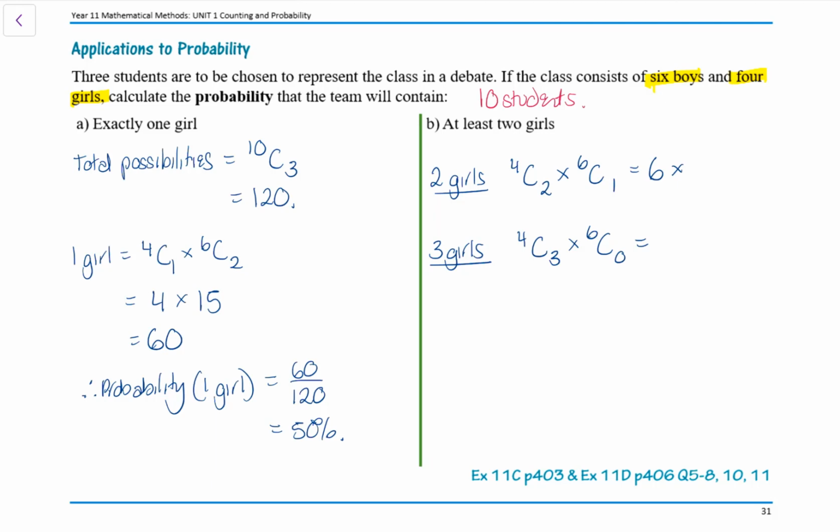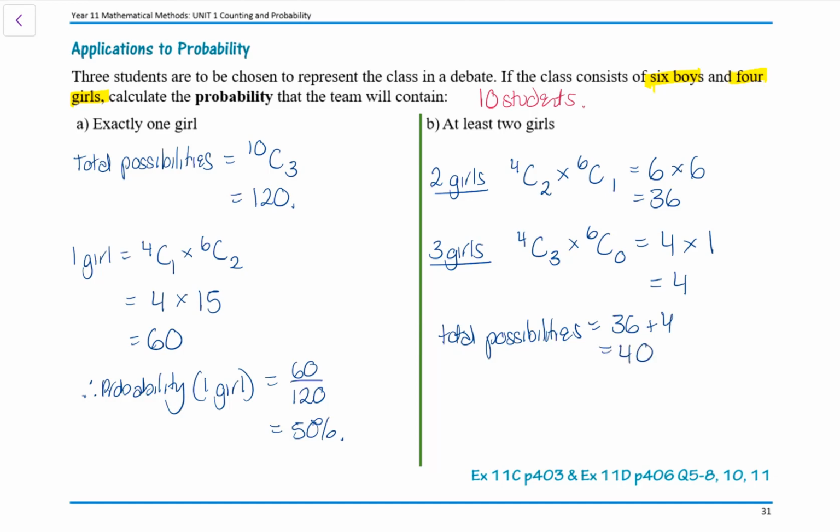4C2 is 6, 6C1 is 6, so that's 36. 4C3 is 4. 6C0 is 1, so that's 4. So we need either of these, so total possibilities is going to be 36 plus 4, which is 40.